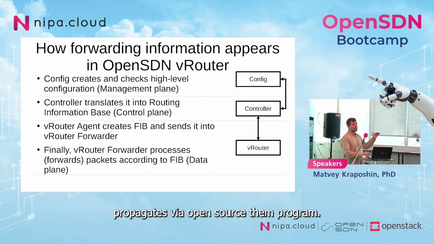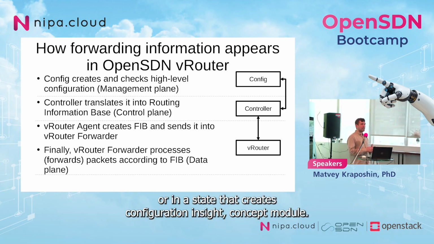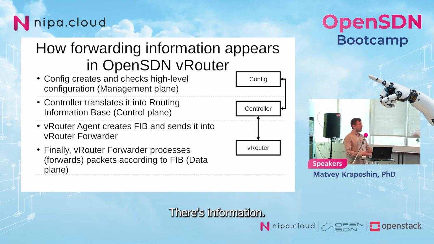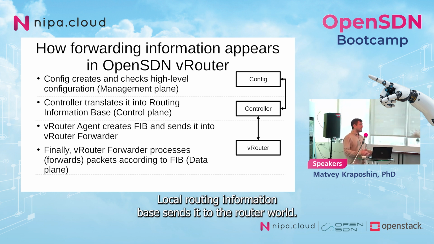This information propagates via OpenSDN program in the next sequence. First, an operator or an orchestrator creates configuration inside config module. Then this information propagates to controller. Controller processes this information, creates routing information, local routing information base, sends it to the router.